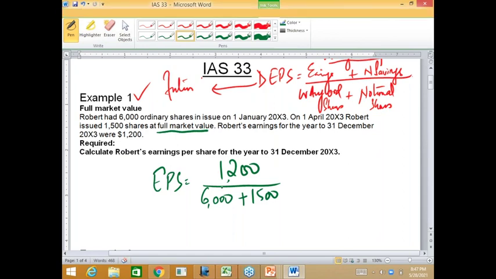So if it is at the full market price, it means that you only need to apply the time apportionment. This will be 9 upon 12.